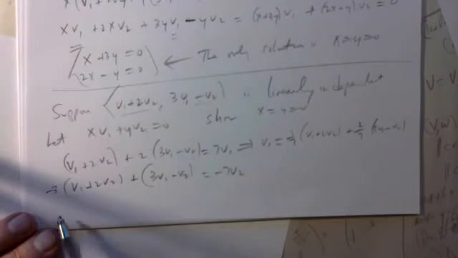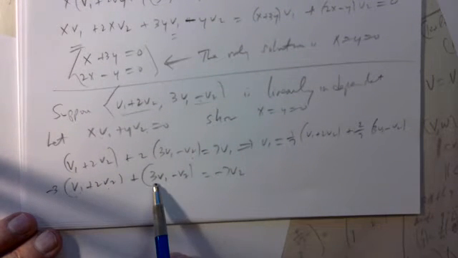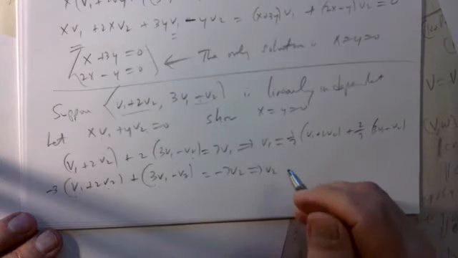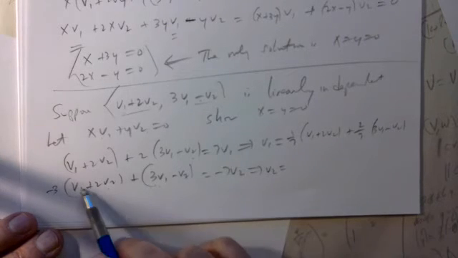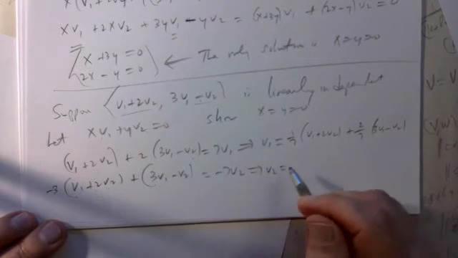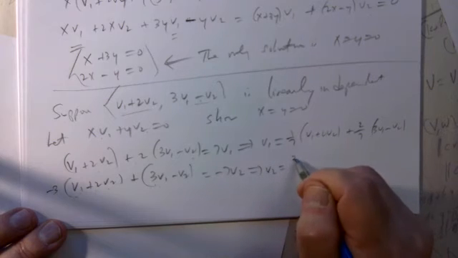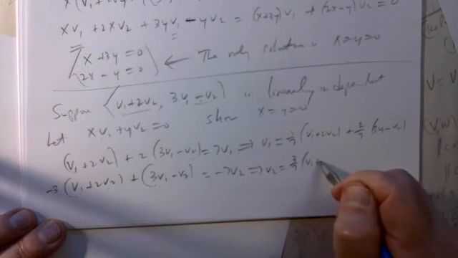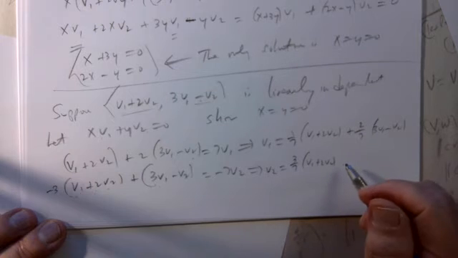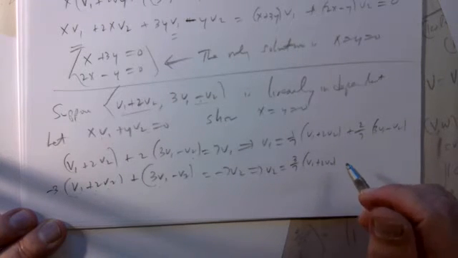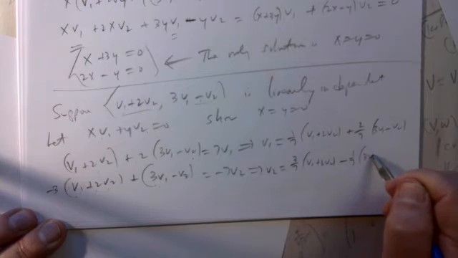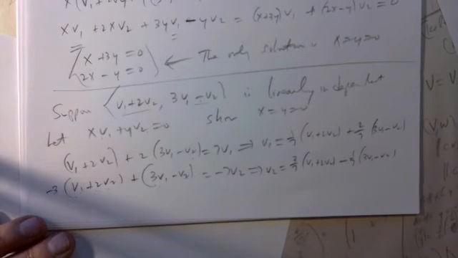Minus 3v1 plus 3v1 is 0, minus 7v2. So v2 is equal to minus a seventh times this, which is 3/7 of v1 plus 2v2 minus 1/7 of 3v1 minus v2.